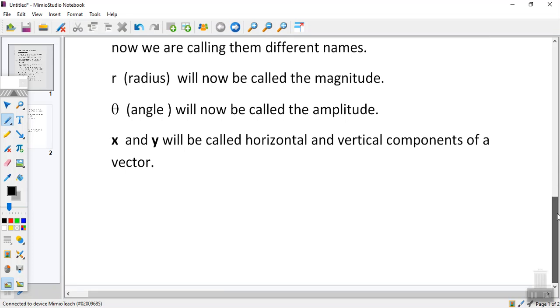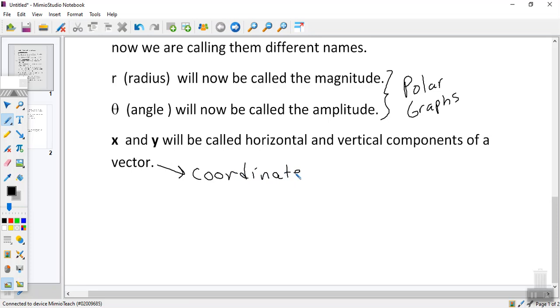It says right here, my friends, x and y will be called horizontal and vertical components, okay? These two types of measurements are typically used in polar graph paper. X and y components are going to be used in coordinate planes.